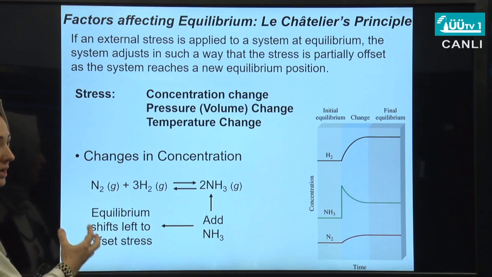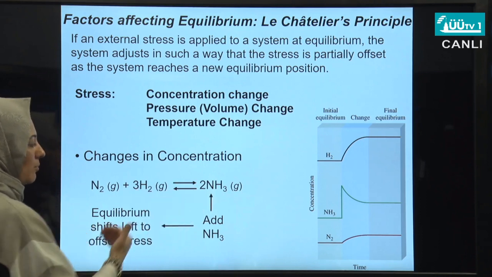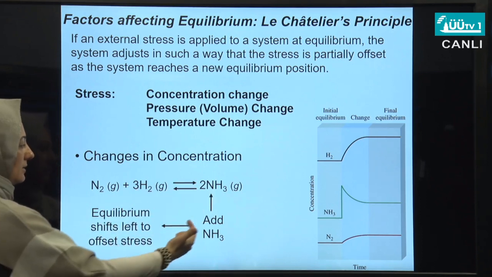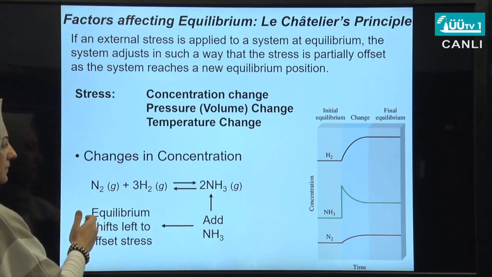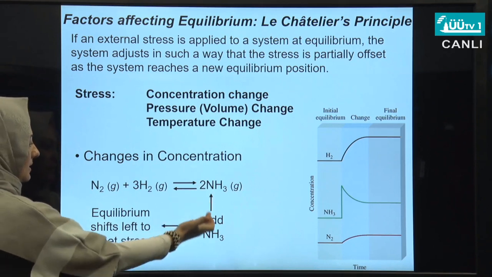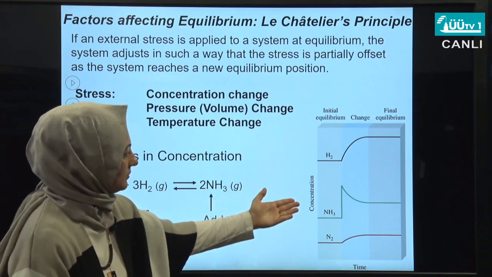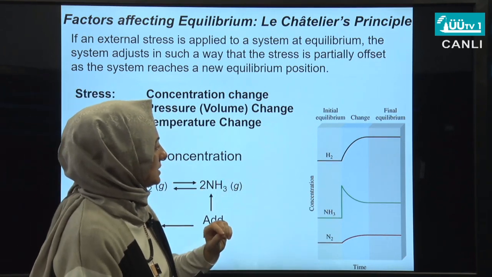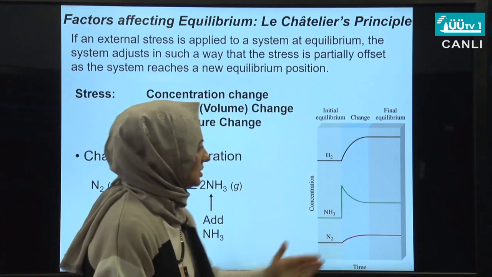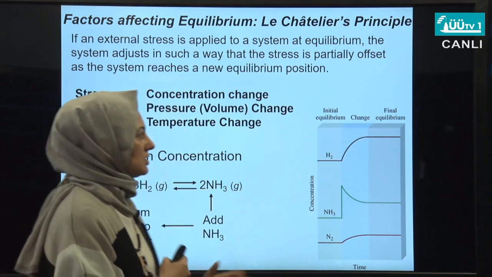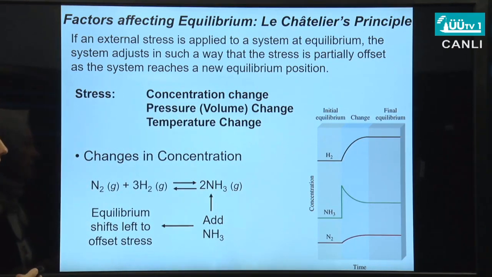How? It will try to offset this change that I have made. It will try to consume the ammonia that I have added. That's why the equilibrium shifts from this side to this side, to the left. So it will consume ammonia and more nitrogen and hydrogen will be formed. As you also see in the graph, you put some ammonia to your mixture and the reaction will proceed to the left-hand side where the ammonia concentration will drop, hydrogen and nitrogen concentrations will increase until the system reaches a new equilibrium state.